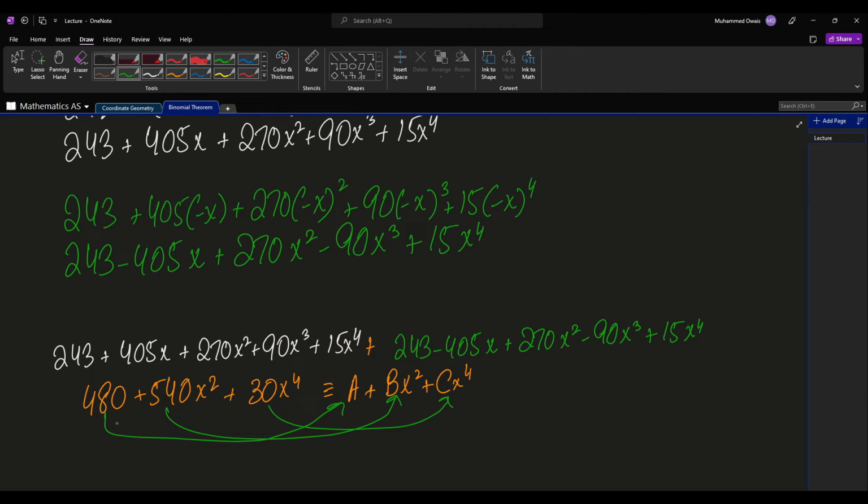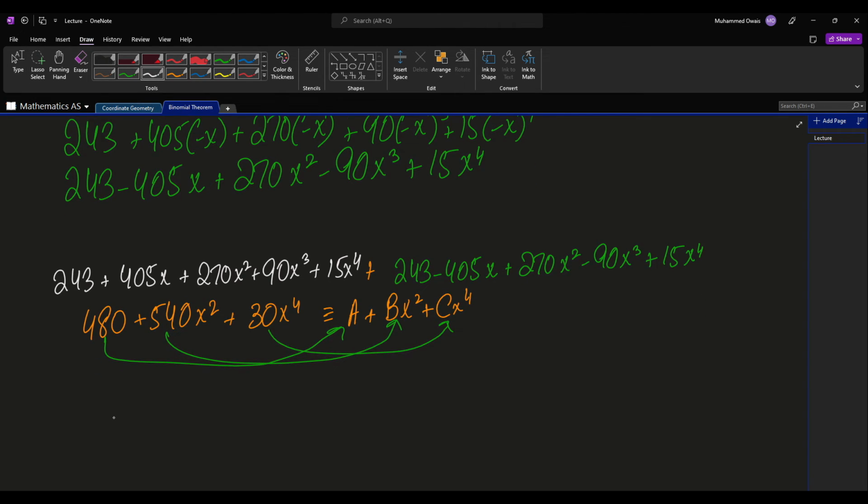One is constant, the other is the coefficient of x square, b, which is 540. And here the coefficient of x4 is 30, here it is c. Because they have given us this symbol, we can compare both of these equations. So the answer is a is 480, b is 540, and c is 30.